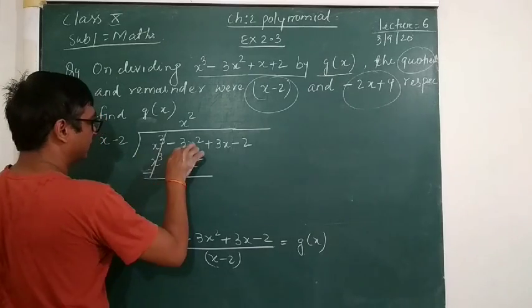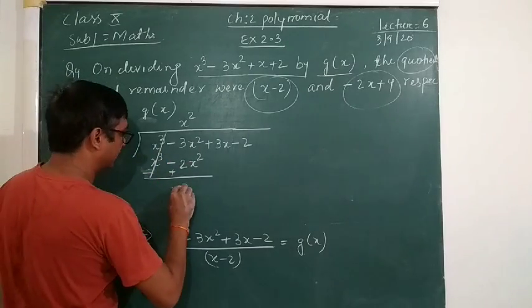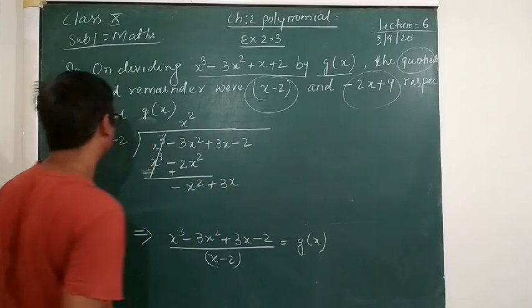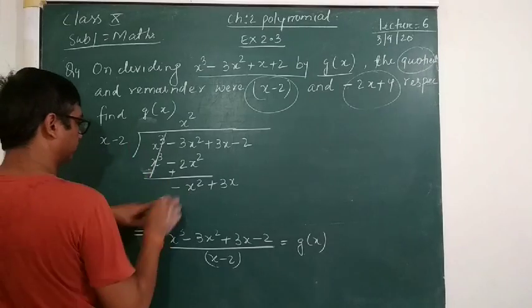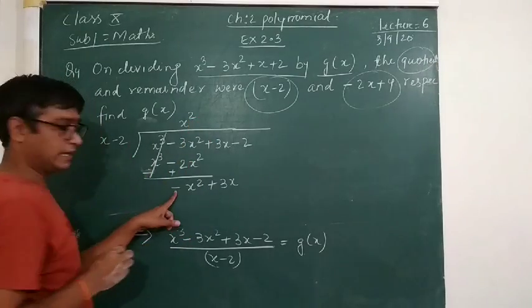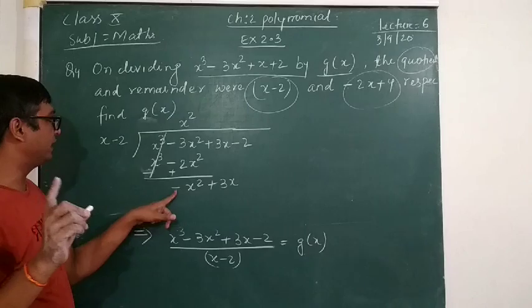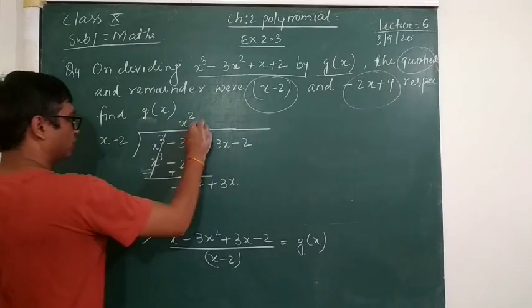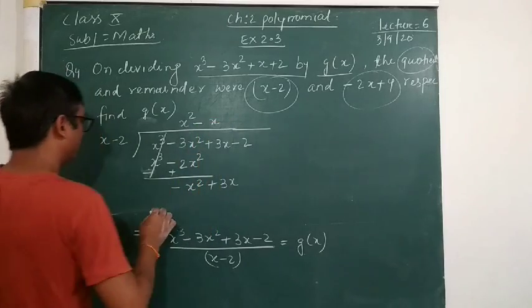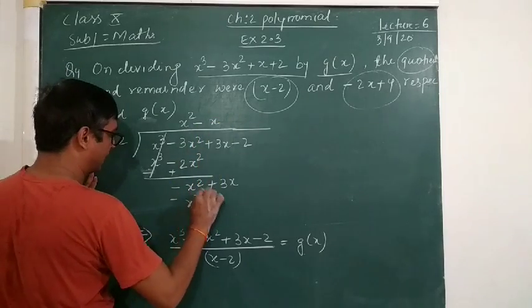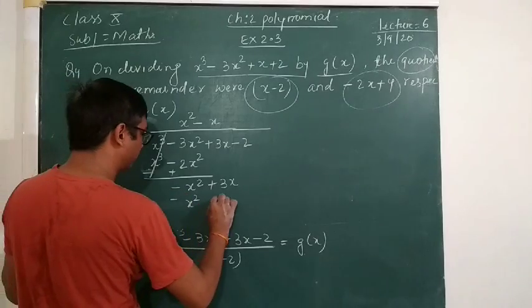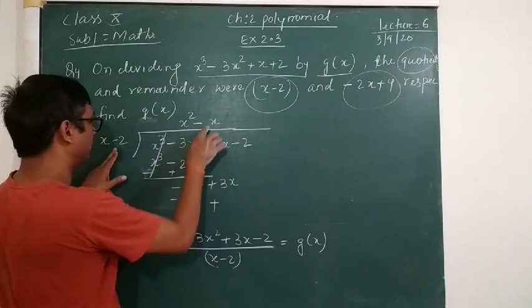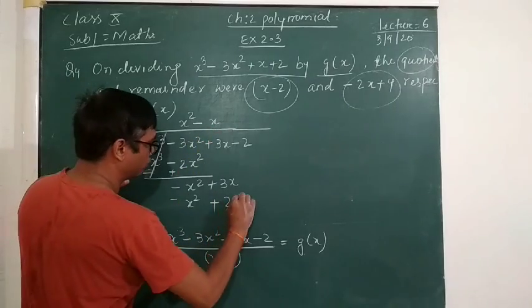Now we get minus x square plus 3x. Again, we have to obtain minus x, so we put minus x, and it will be minus x square plus 2x.